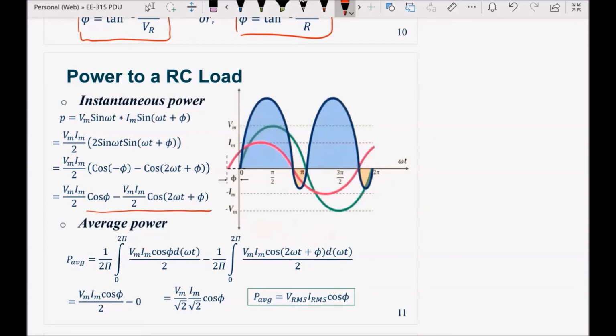We are taking the integral here, and the final expression will be equal to this, which is in the form of RMS voltage and current with the cos of phi. And this is exactly equal to the case when we discussed RL load. So the average power of a pure RL load and pure RC load is equal, which is Vrms into Irms cos of phi.